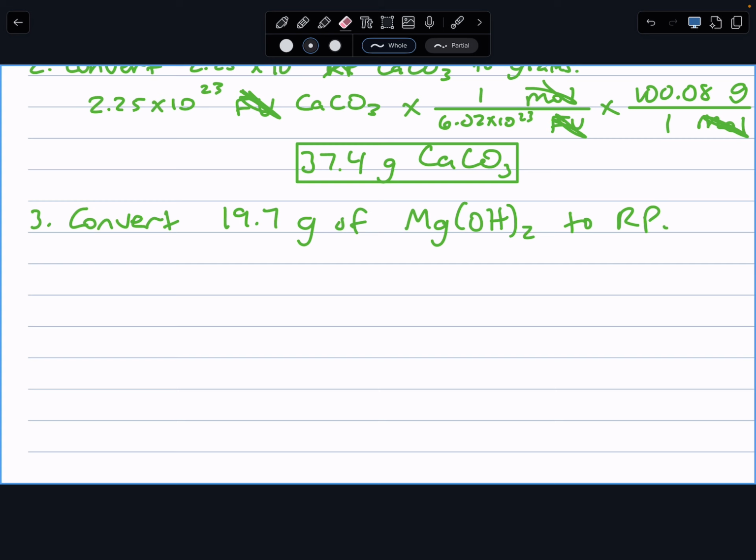Okay. Ready? In a fraction, if you start with grams, would it be mole? What do you mean? In this instance, it would be at the bottom of the fraction. I'm starting with grams, so grams go to the bottom of my first fraction. The bottom or the top?